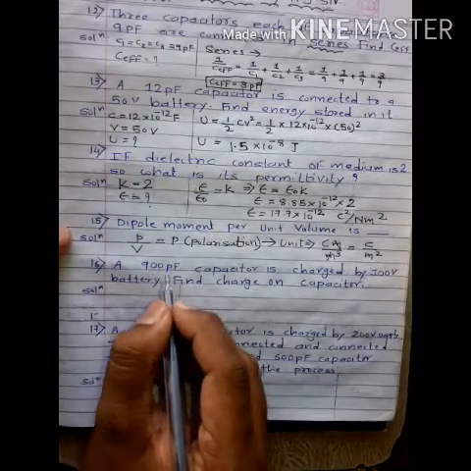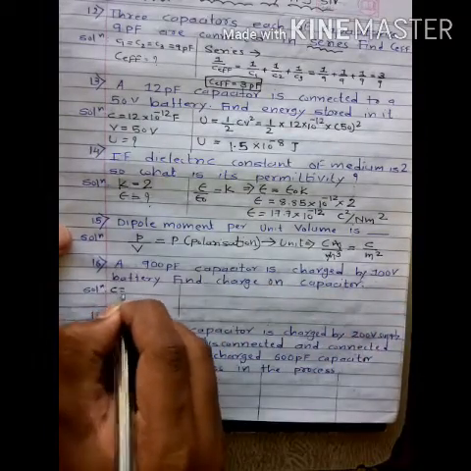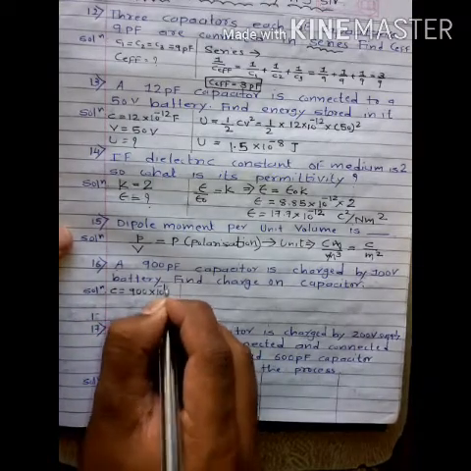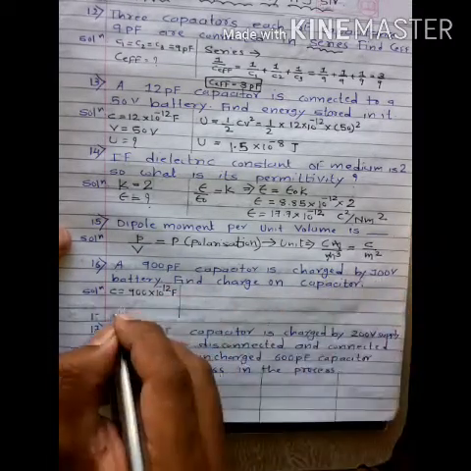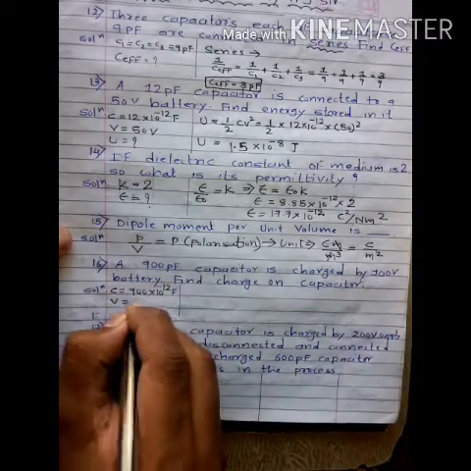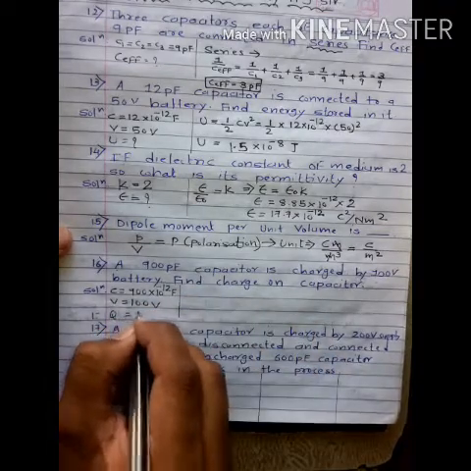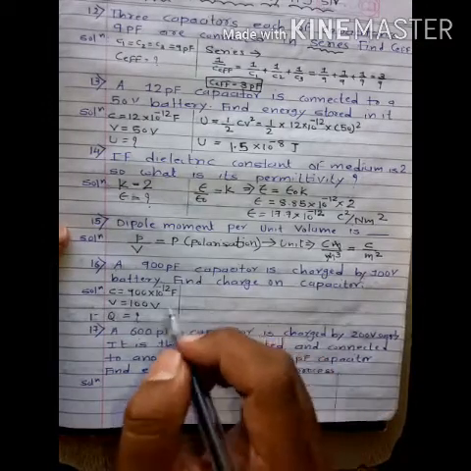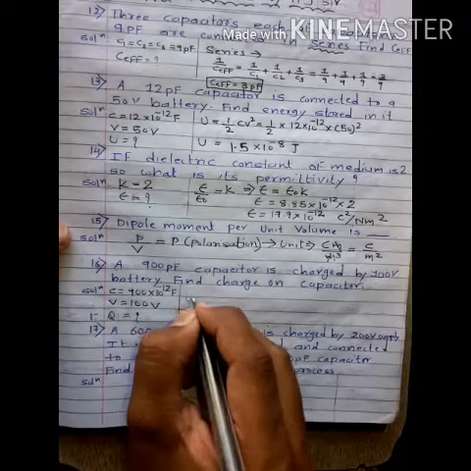A 900 picofarad capacitor is charged. So we have capacitance 900 picofarad, 900 into 10 raised to minus 12 farad, charged by a 100 volt battery. So voltage is also given, 100 volt. Find the charge on the capacitor. Clear? Find the value of Q. This MCQ is based on a simple equation.